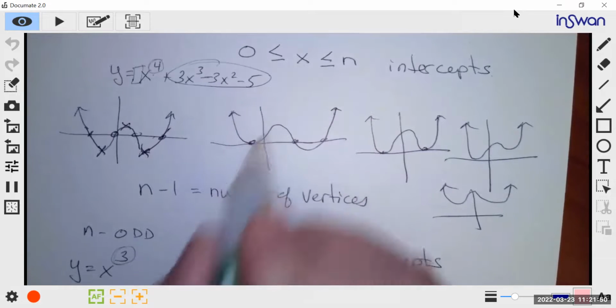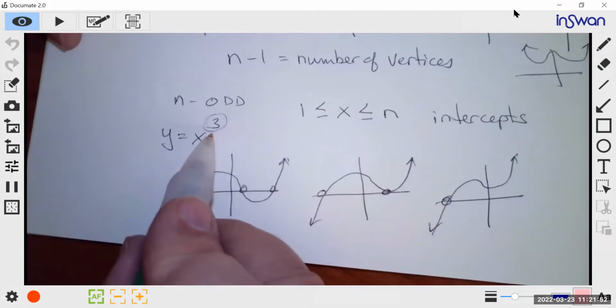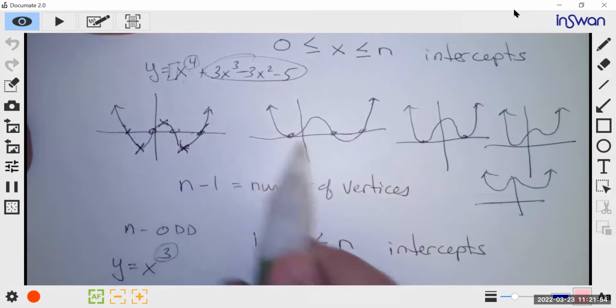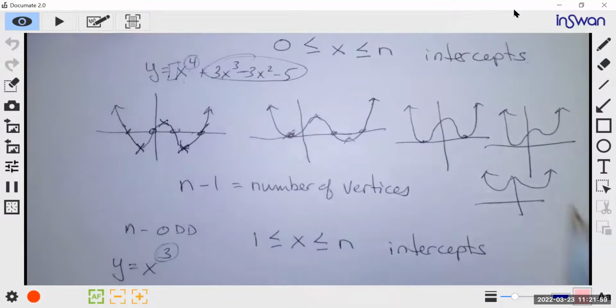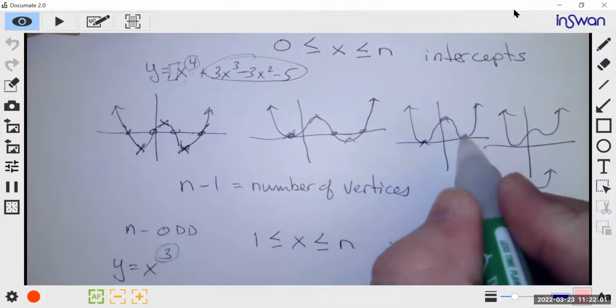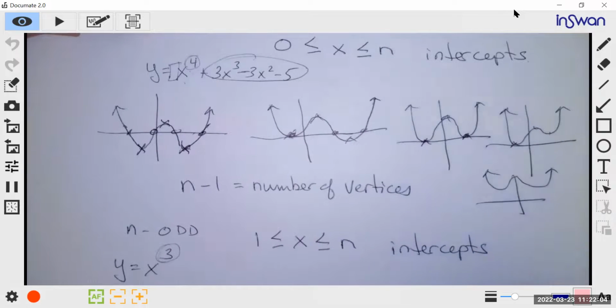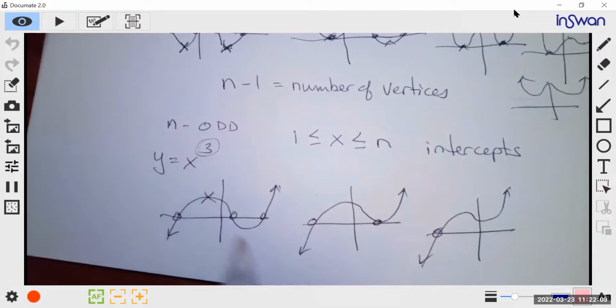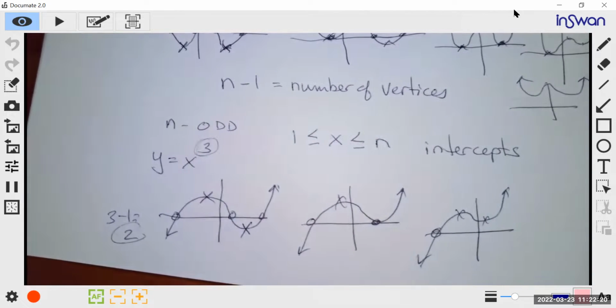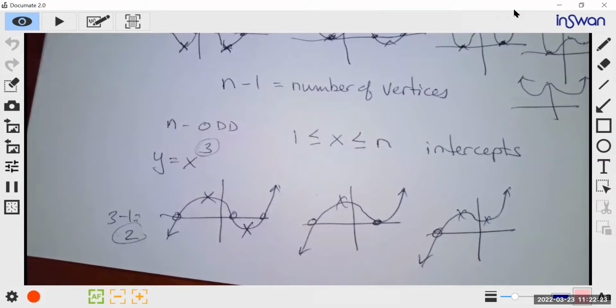The vertices are the high and low points. Since it's 4, we know we can have at most 3. Here's 1, here's 2. The vertices are the high and low points of a curve. 1, 2, 3. And the cubic function, 1, 2. So it's 3 minus 1 equals 2 vertices. That's all from just looking at the first and last terms.